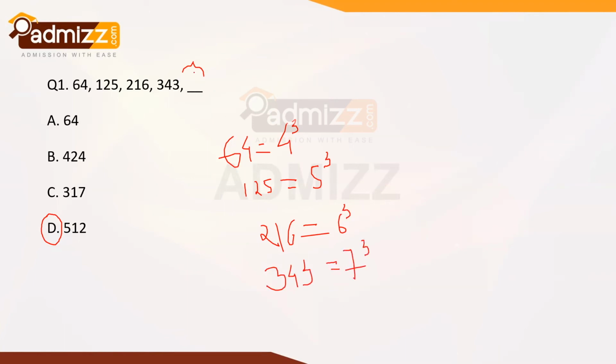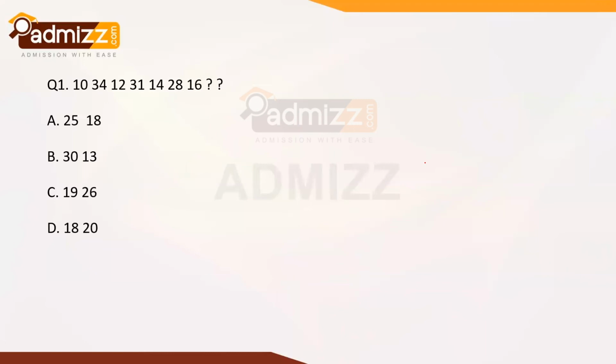And so the correct answer for this gap must be 8 cubed, right? Because 4, 5, 6, 7, and it should be followed by 8. So 8 cubed is 512. So 512 is the correct answer, right? This is quite easy. Hopefully everyone got this, right? Let's move on to another one.